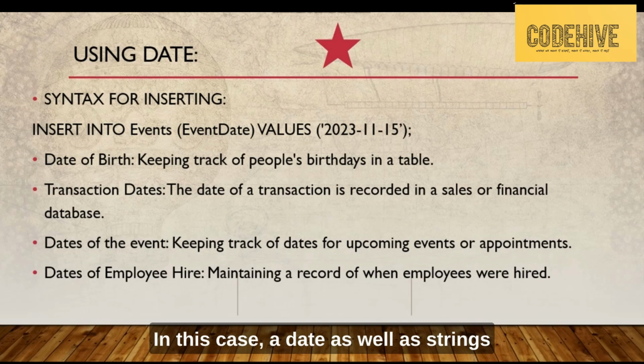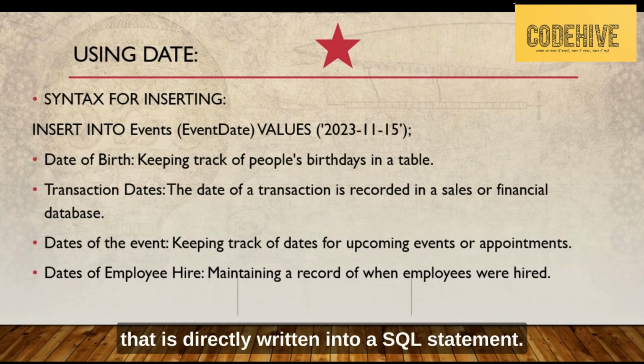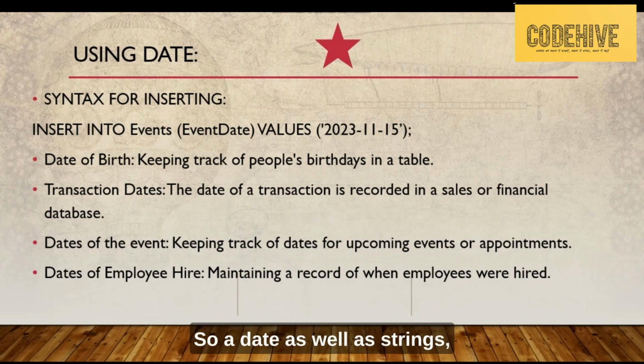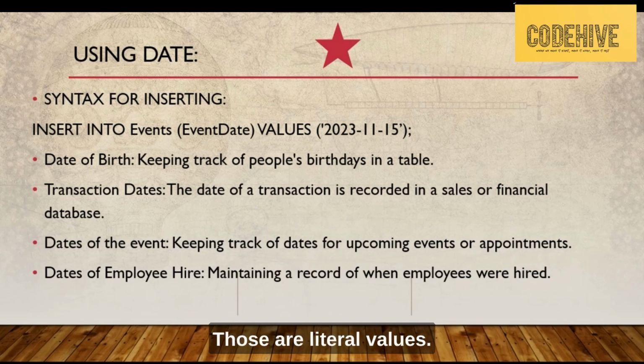In this case, a date as well as strings is referred to as a literal value, meaning that it refers to a specific constant value that is directly written into a SQL statement. A date as well as strings, which is your varchar, are literal values, so that's why you have to store them in quotation marks.